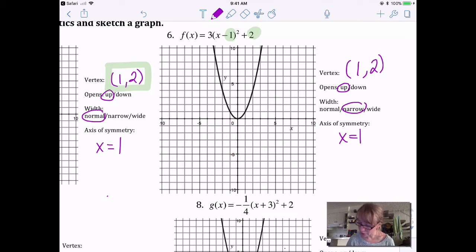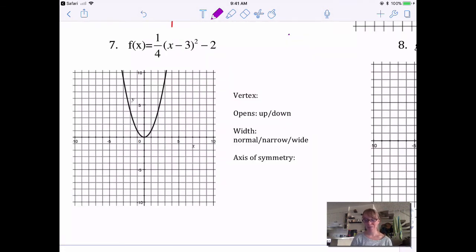So I'm still going to 1, 2, opening up. But this time I want to draw something that's more narrow than the one that I drew last time. And still draw my axis of symmetry right through the middle. Looking at number 7, you can look first at the vertex, see if you can get that.